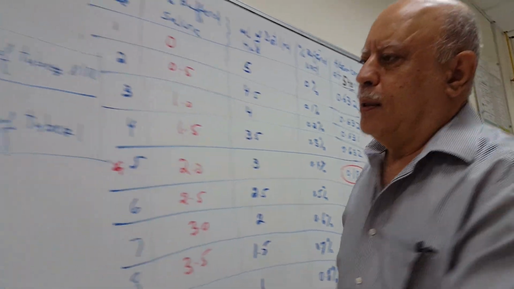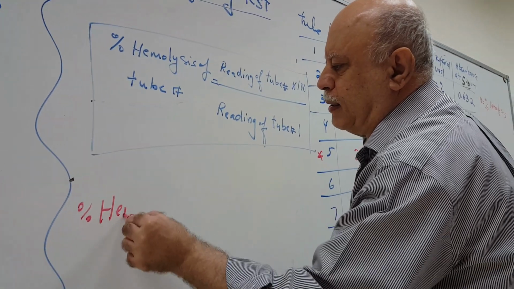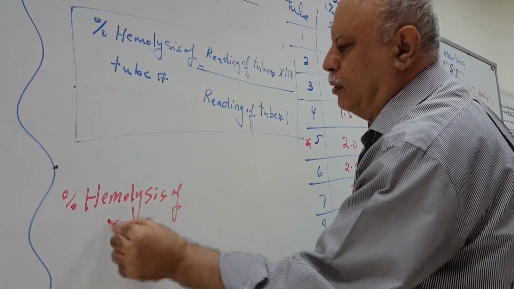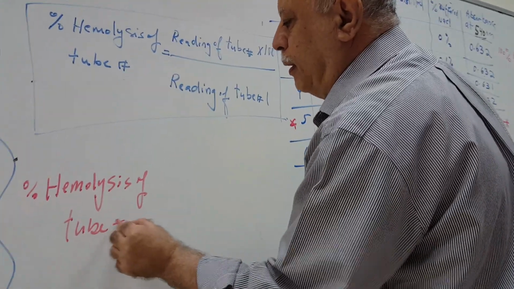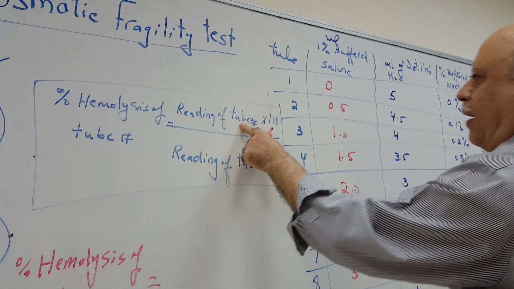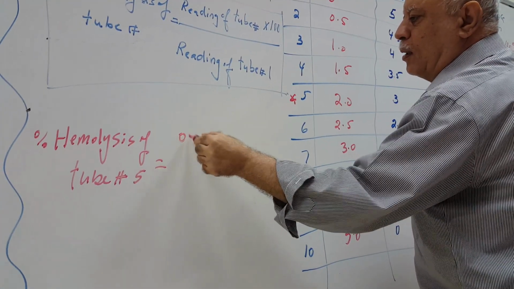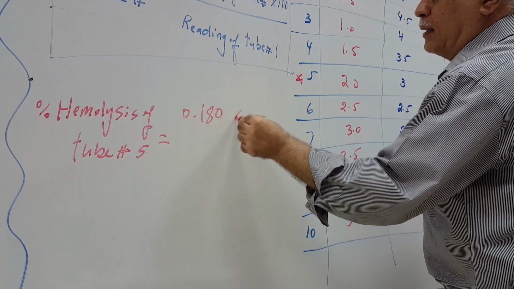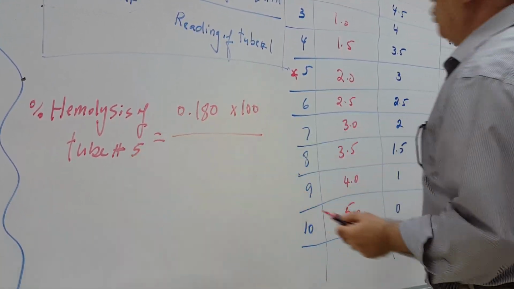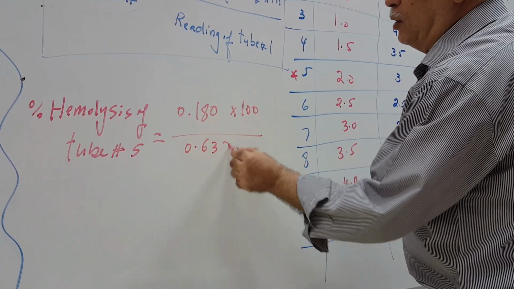Now, if we go percentage hemolysis of tube number 5 equals the reading of tube number 5, which is 0.180, times 100 over the reading of tube number 1, which is 0.632.